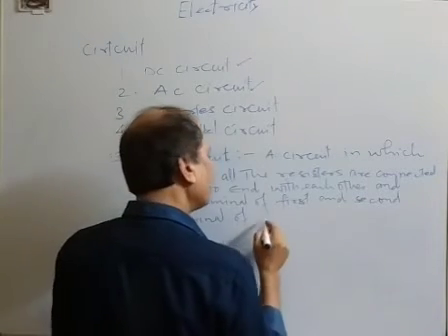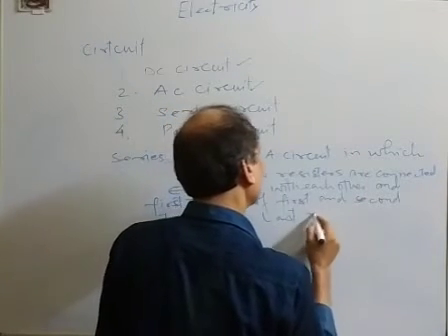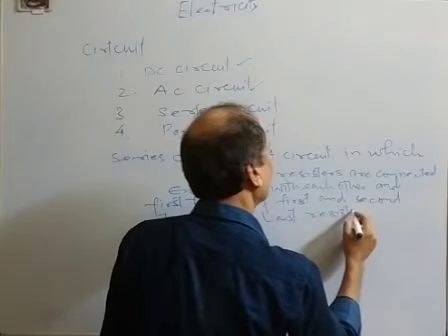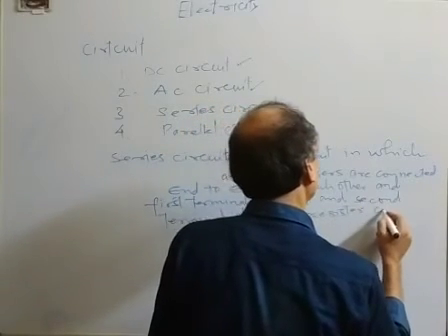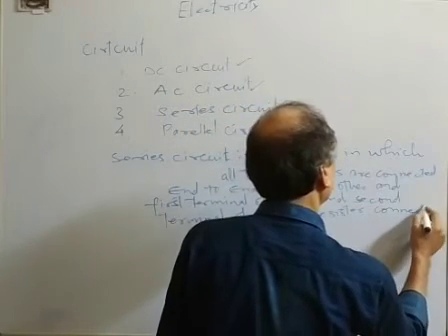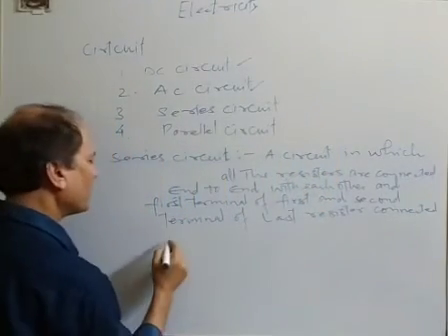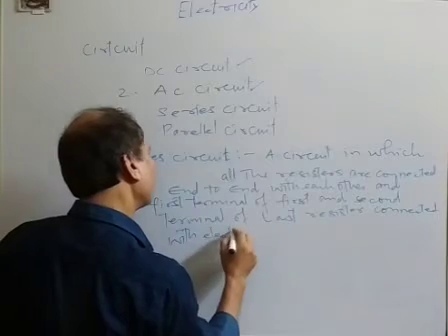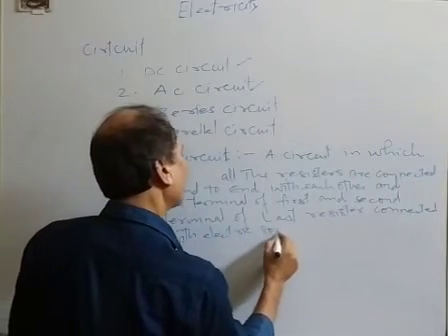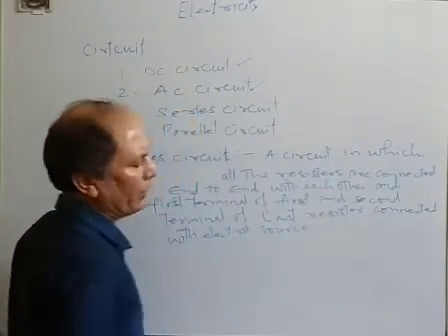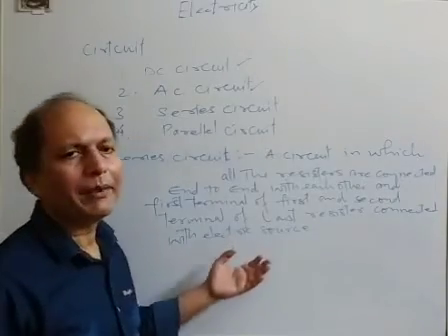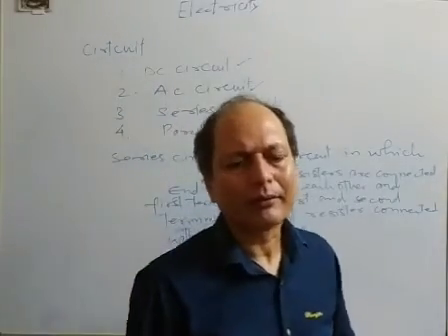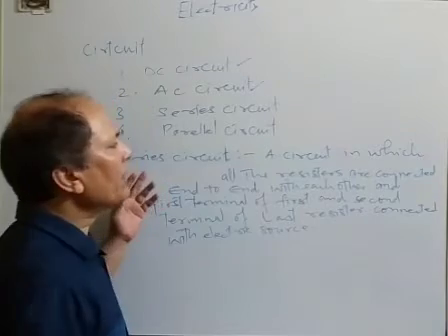This electric source can be AC or DC, both, no matter. So in this situation, how does it happen?